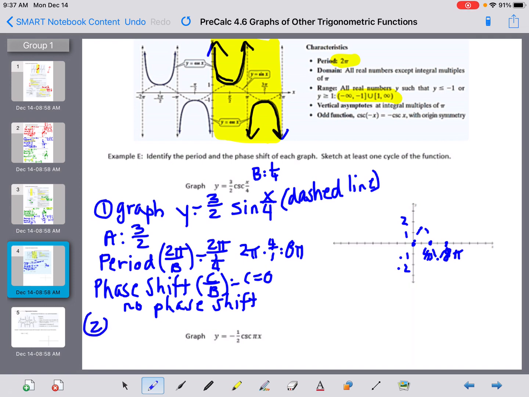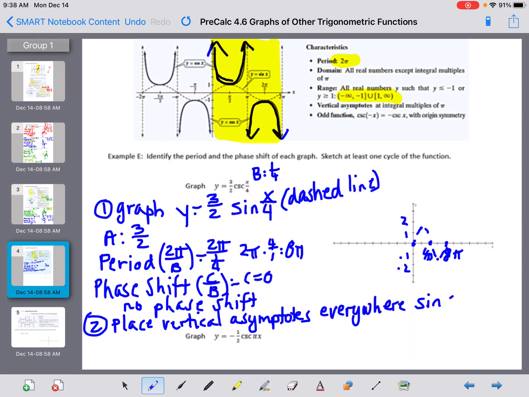The second thing I want to do is place vertical asymptotes everywhere the sine curve crosses the x-axis.